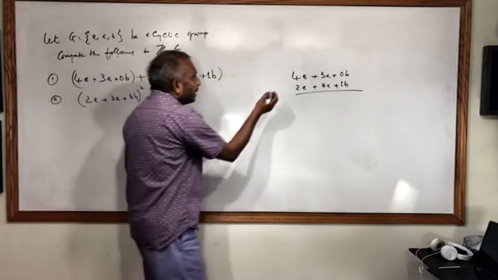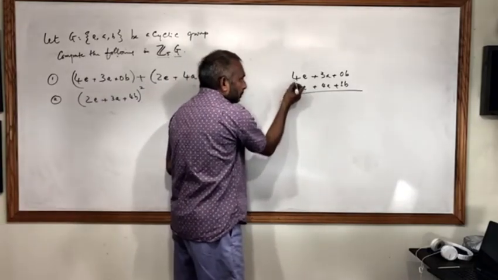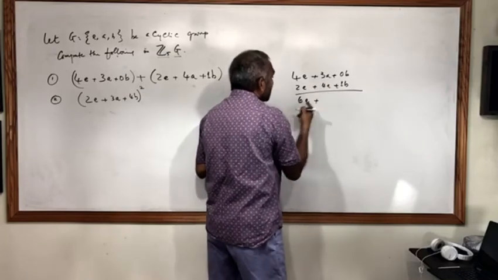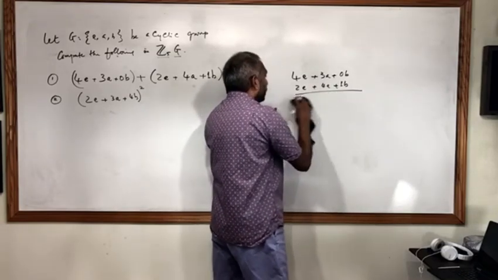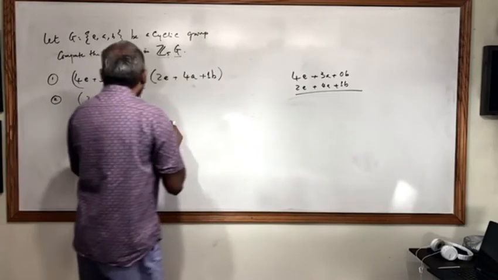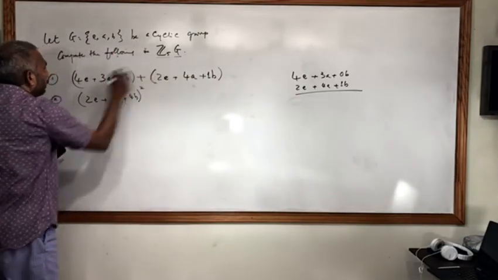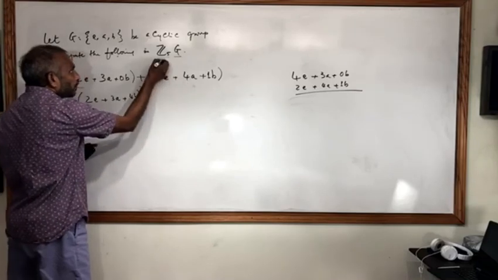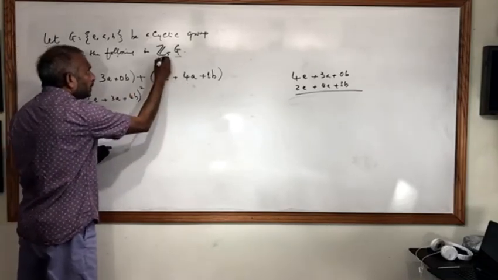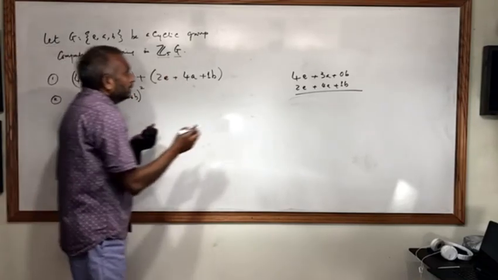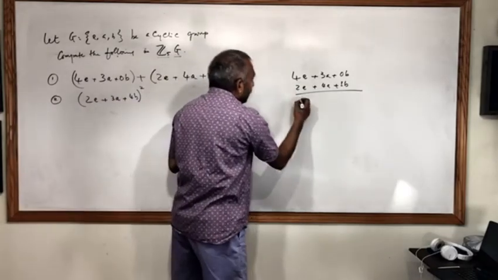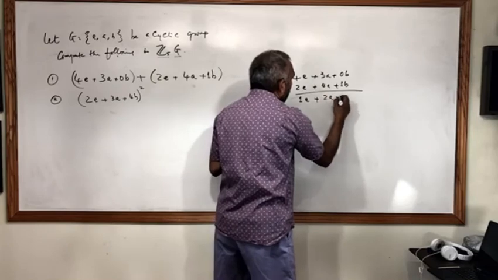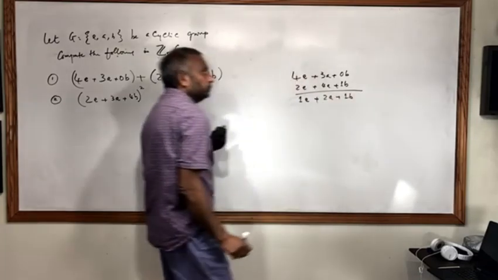We need to add like terms, so this is 6e + 7a + 1b. All coefficients come from Z5, so 6 means 1.